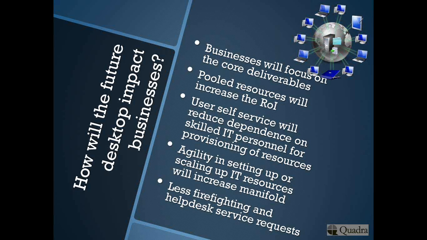So the return on investment is going to be really much on the higher side.